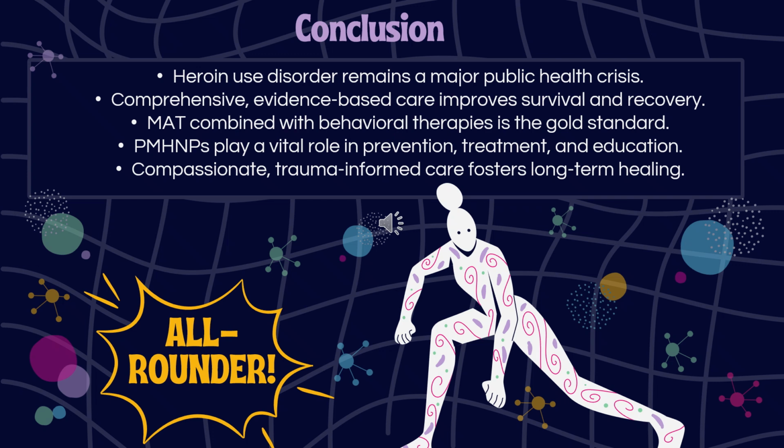As psychiatric mental health nurse practitioners, we have a unique opportunity to influence recovery at all levels. We're able to recognize warning signs, give life-saving medications like naloxone, manage withdrawal and stabilization with medication-assisted treatment, and provide the supportive environment that patients need to rebuild trust and self-worth.